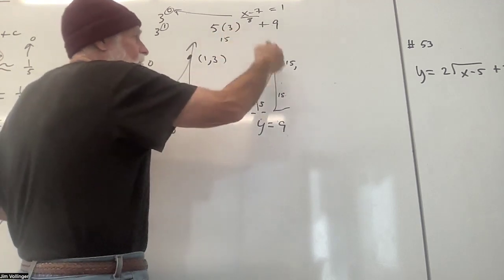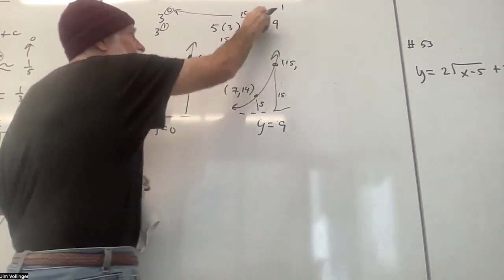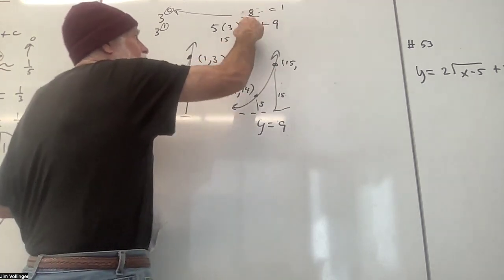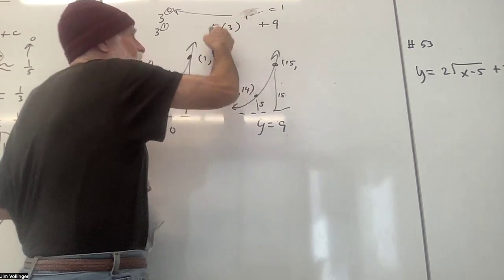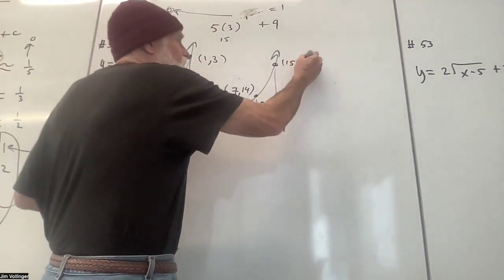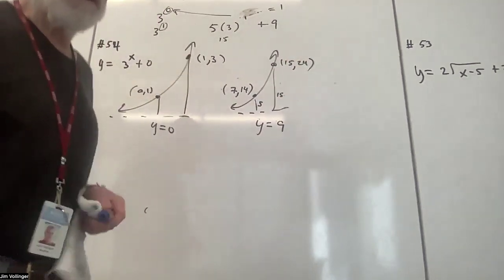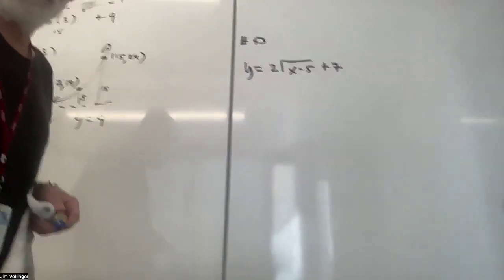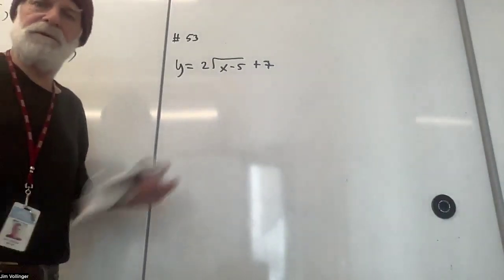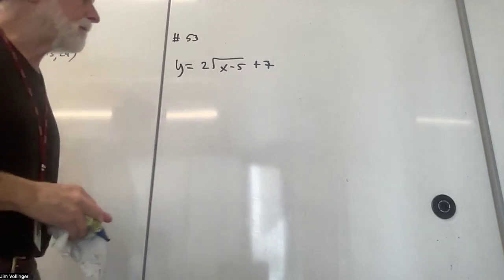Let's put it in. 15 minus 7, 8 divided by 8. There's your 1. So that's 5 times 3, my second jump on top of 9. Takes me to 24. I'm still talking to you when I do those. If I'm not talking to you, well, I'm concentrating on what I'm doing, and it's smoother, and you get the job done more quickly, and hopefully you understand what you're looking at.